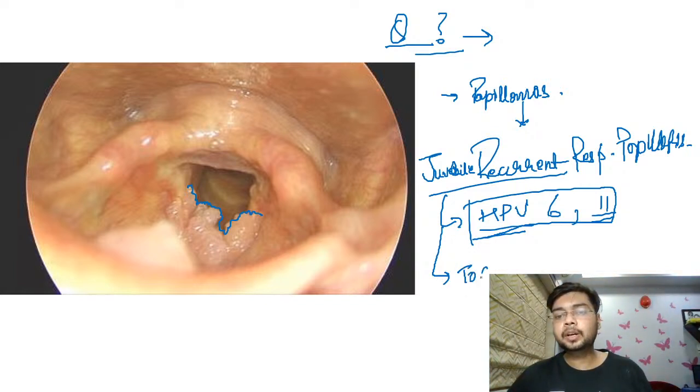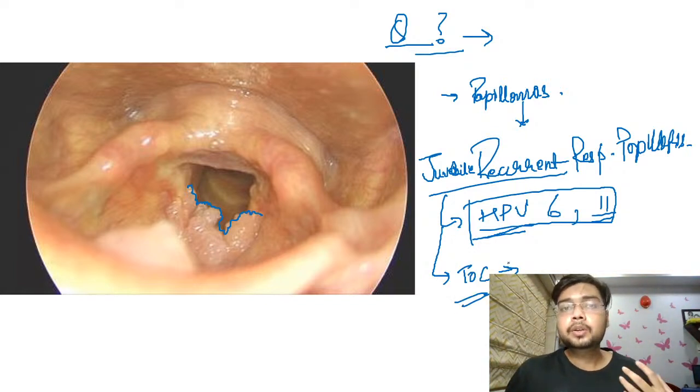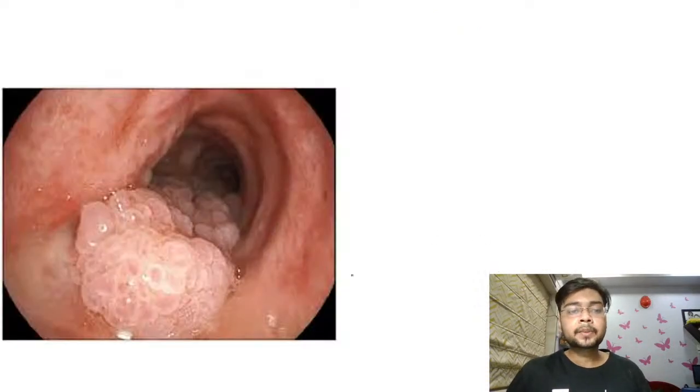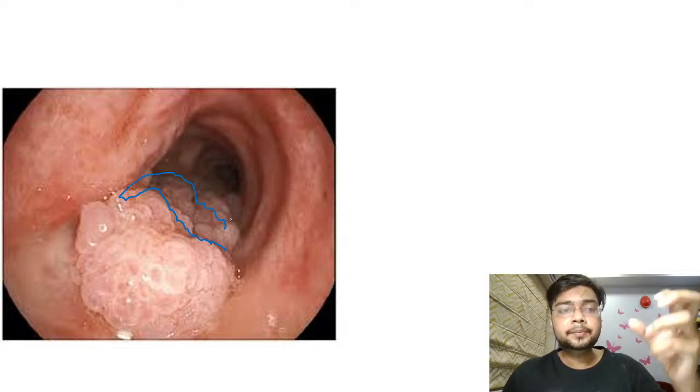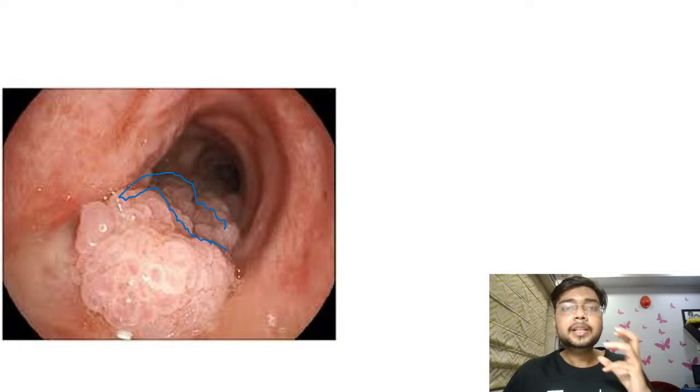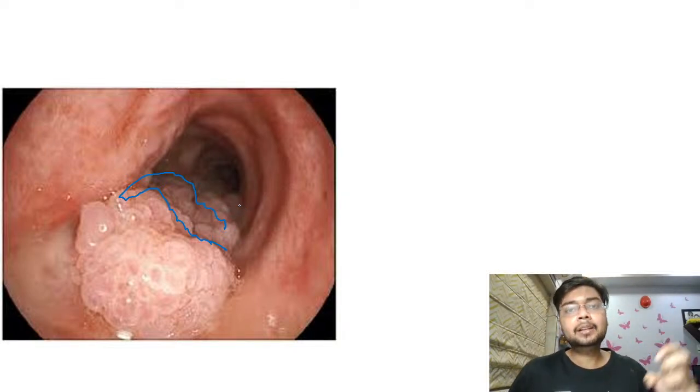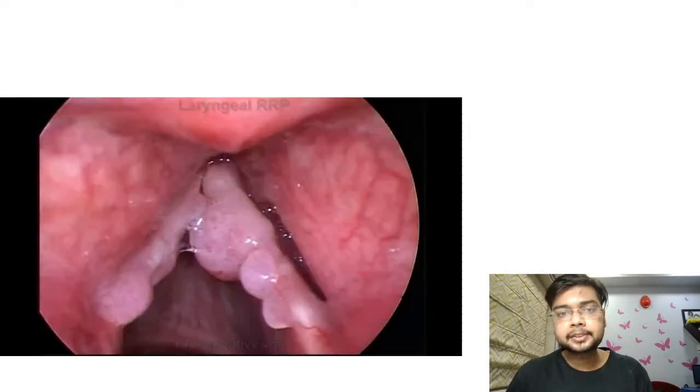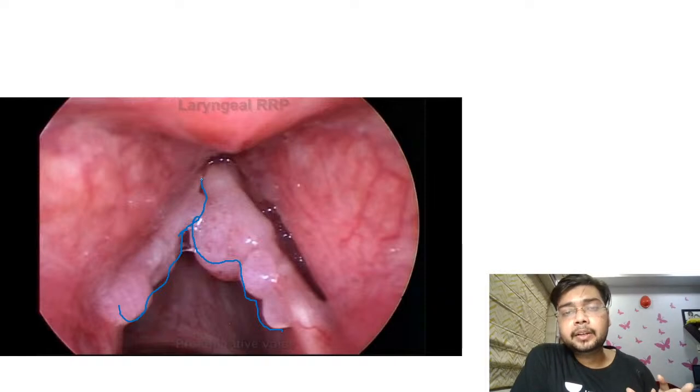The treatment of choice: I want you to tell me what is the treatment of choice. Again here you can see some papillomatous lesion in the subglottis, entering into the trachea. These can be present in different regions: supraglottis, glottis, subglottis, with a variety of manifestations like hoarseness and airway difficulty, and in some cases you have to do tracheostomy to relieve the patient or maintain the airway.